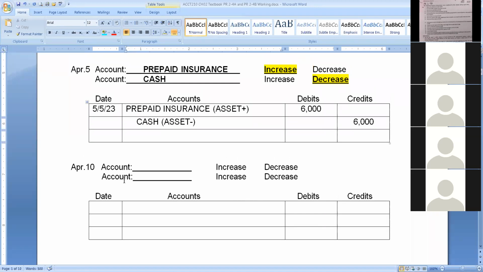Okay, 10, receive cash from clients on account. This is a tricky one. So we receive cash, so I'll put cash in. And the other one would be what?